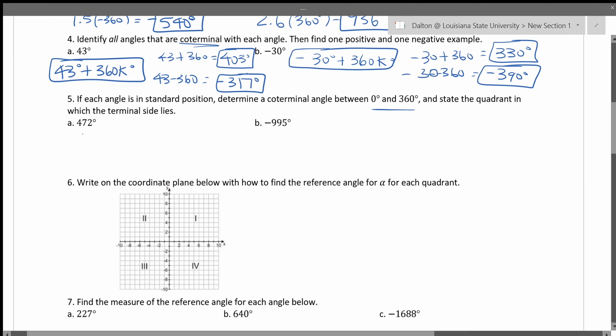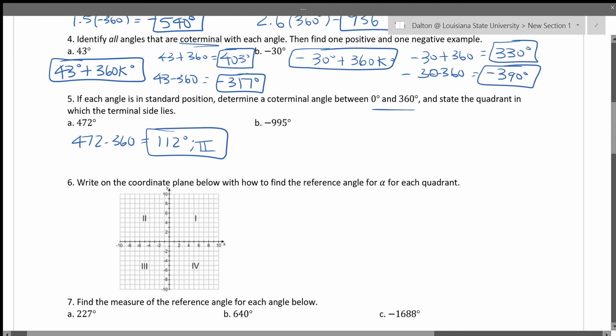So if I just go ahead and take 472 minus 360, I end up with 112 degrees. 112 degrees, double check, is between 0 and 360, so I'm good to go. And that is going to be in quadrant 2. So you can write your answer like this as a pair: first the degree with a semicolon, and then the quadrant.